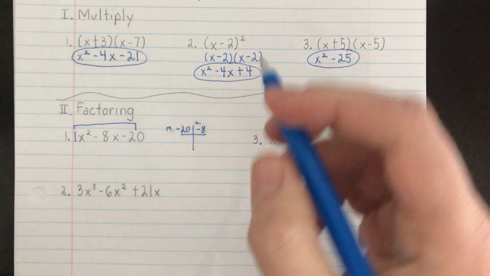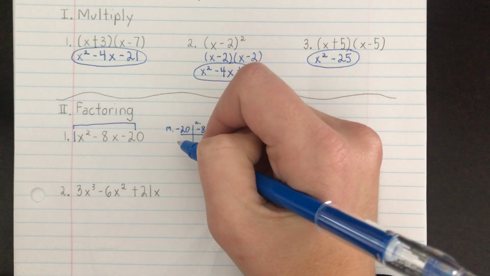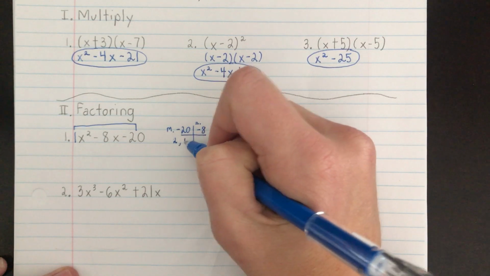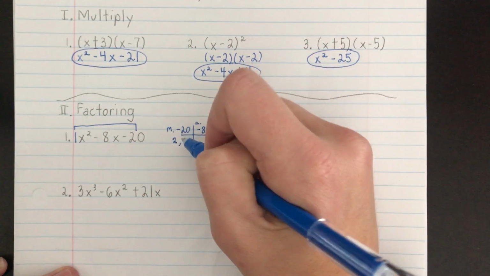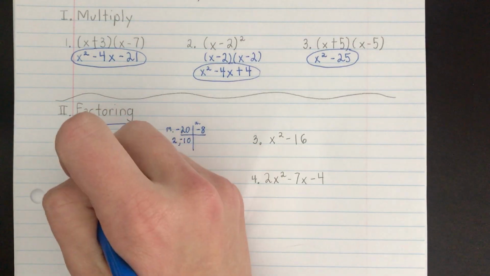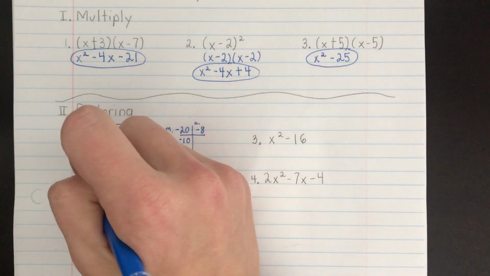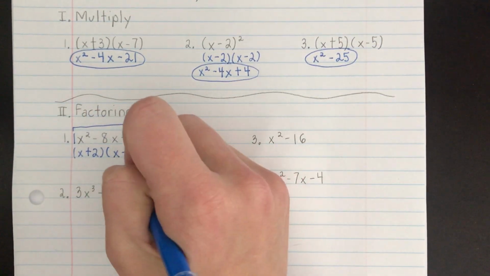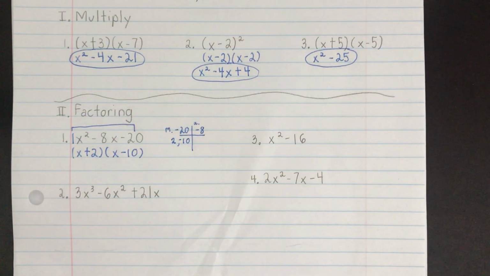So your factors of negative 20 are 20 and 1, 2 and 10, and that right there stops us. So 2 and 10 will work if 10 is negative. Since that a value is 1, you can just go straight to saying your answer is x plus 2, x minus 10.